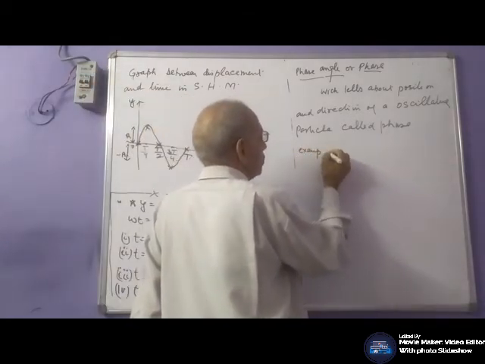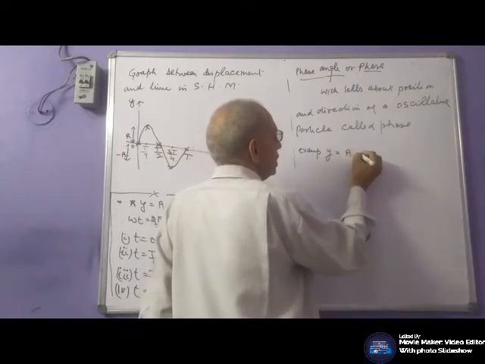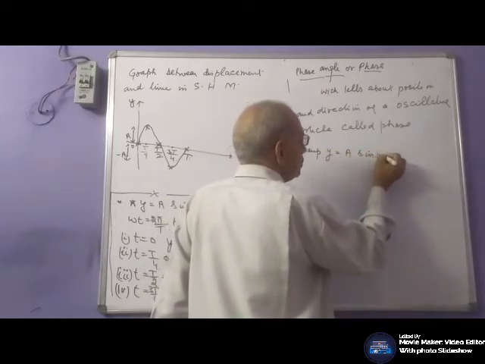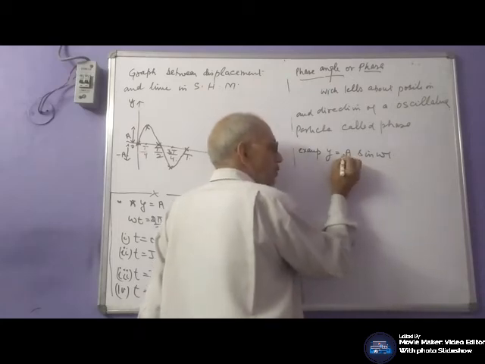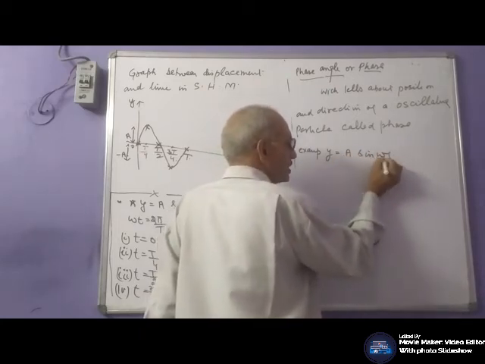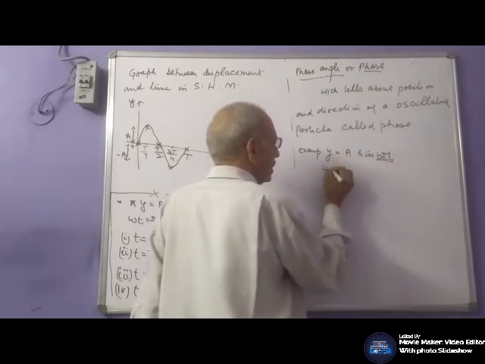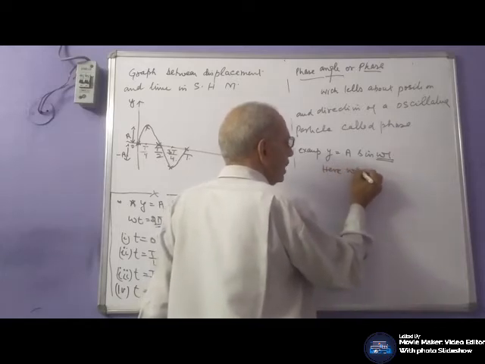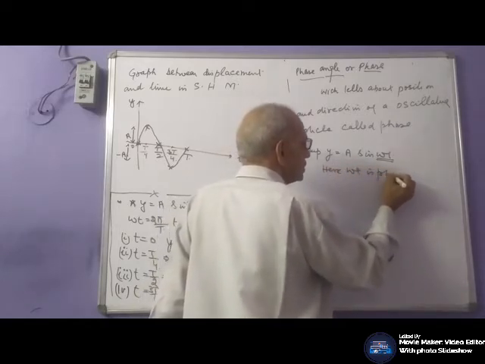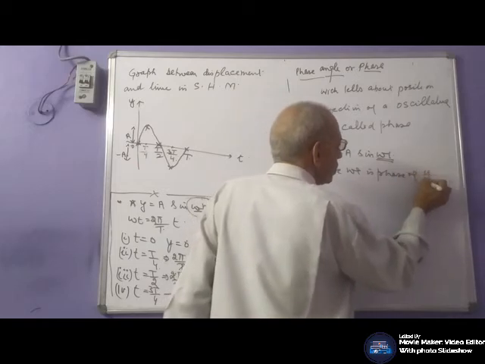Example, y is A sin omega t. If it is positive, then this angle here, omega t, is the phase of y.